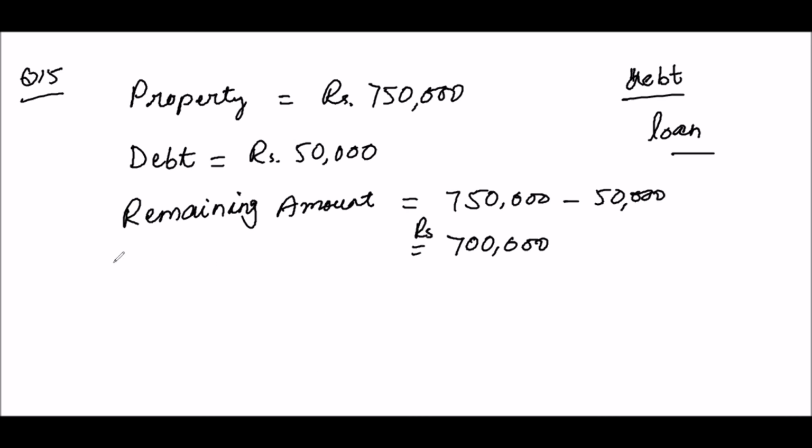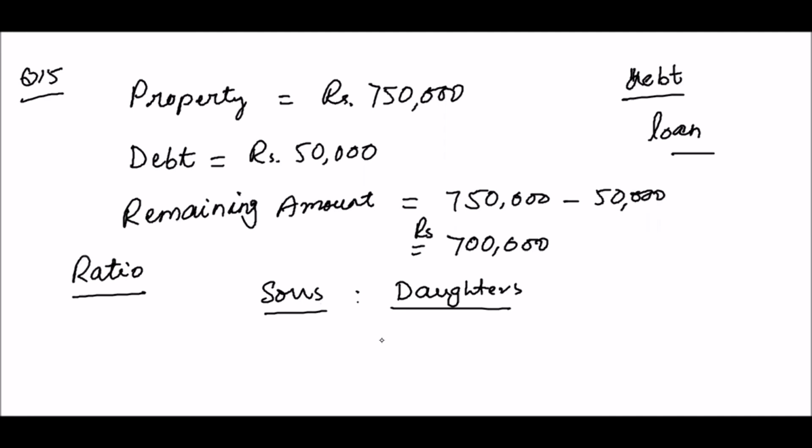Now we calculate the ratio of children. Now in this question, there are 2 sons and 1 daughter. Now again, you know that each son will get double and the girl will get single share of the total amount.